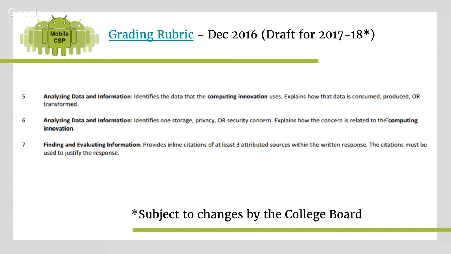For number 7, looking for clarity on inline citations. Okay, so inline citation means that basically if you're sourcing, I don't know, the New York Times in the sources at the bottom, and you label it like 1 in the bottom, you would say somewhere in your write-up, parentheses 1.